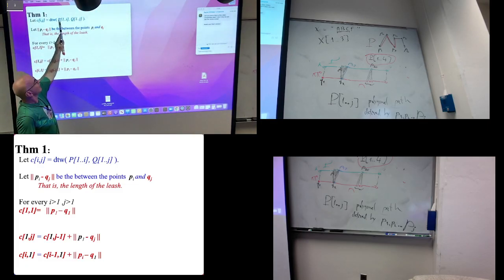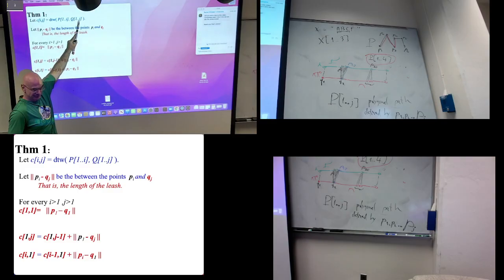So you now know what P of 1..i is: the first i vertices of the path P. Q of 1..j is the first j vertices of the curve Q.